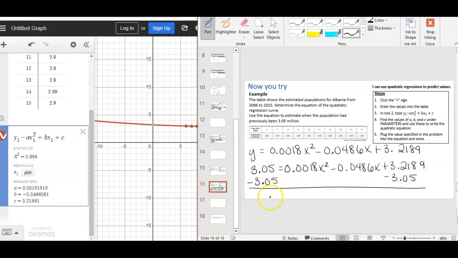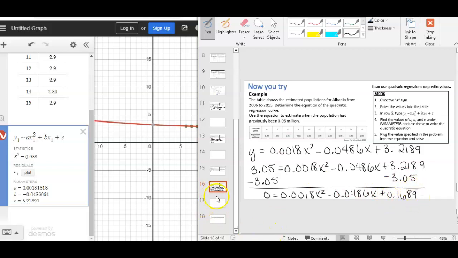So when I do that, I end up with 0 equals 0.0018x squared minus 0.0486x, and then plus 3.2189 minus 3.05. So that gives me 0.1689.